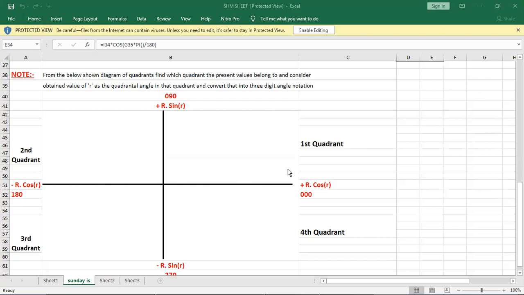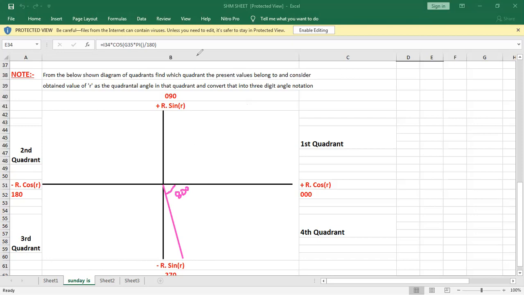So here also we take either from 000 or 180. Suppose 080 from 000, it will be something like this. And this is the angle which we are given. So this is 80 degrees, correct? That you calculate by this tan inverse.